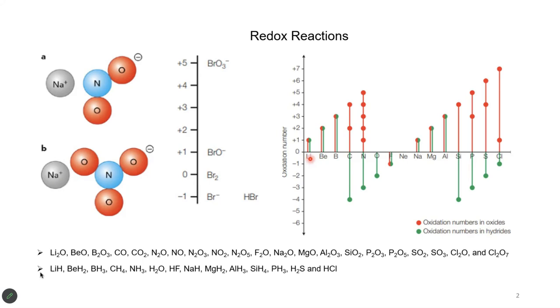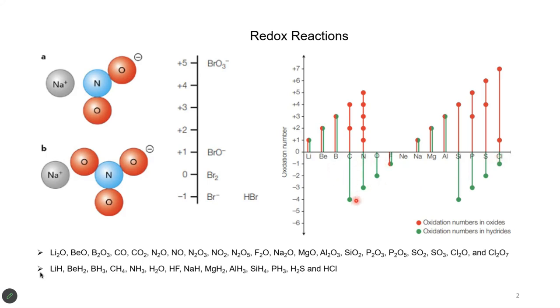So lithium can form only one oxide and one hydride, whereas beryllium also can form only one oxide or one hydride. Lithium always has +1 oxidation state and beryllium always has +2 oxidation state. Boron also can form oxide and hydride. But mind that in the elemental form of all these elements the oxidation state is 0. That's what we know from other lectures.